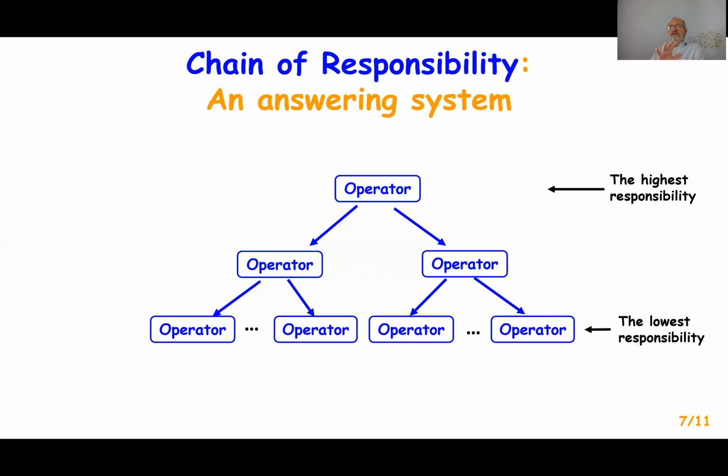Simply speaking, the lower level of this hierarchy has the lowest responsibility. This means that these operators know a small part of the information. They are responsible for giving simple answers to particular, relatively simple questions.